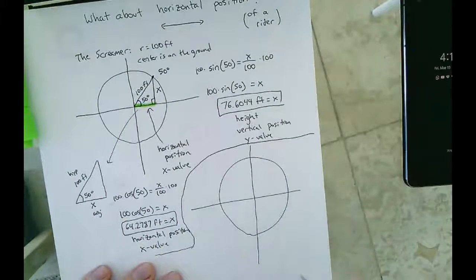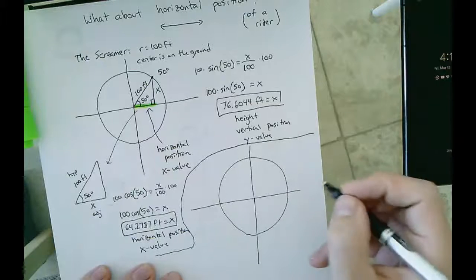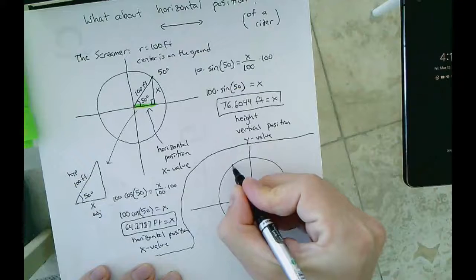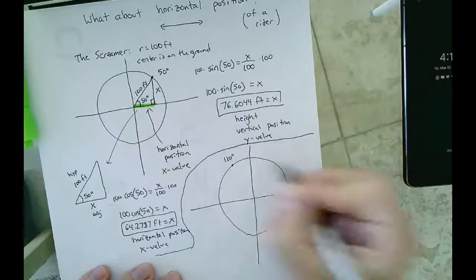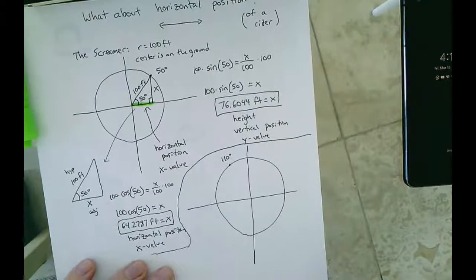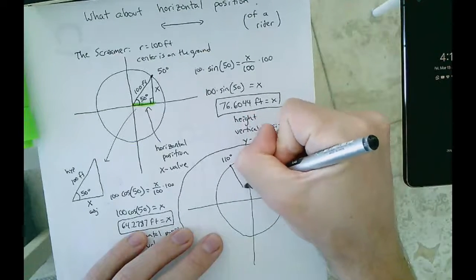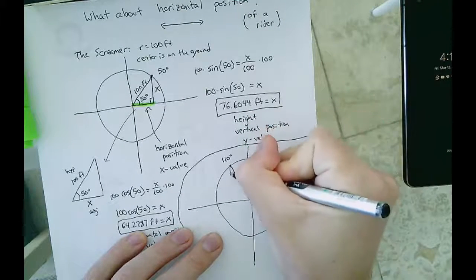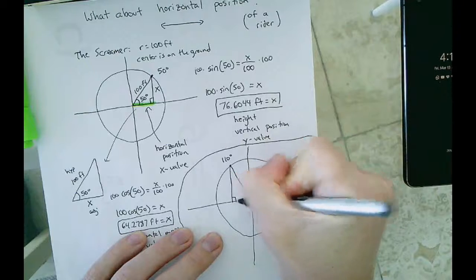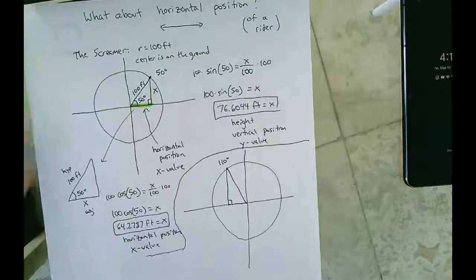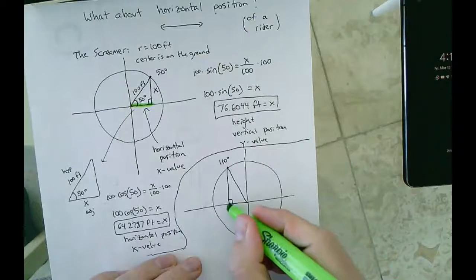So here's the thing. If I draw this triangle right here, let's say I'm going to go all the way to 110 degrees. And let's say I want to find the horizontal position. I do the same thing. I still make my reference triangle. And I still make my right triangle right there. And instead of trying to solve for that vertical distance, I'm trying to solve for this horizontal distance now.